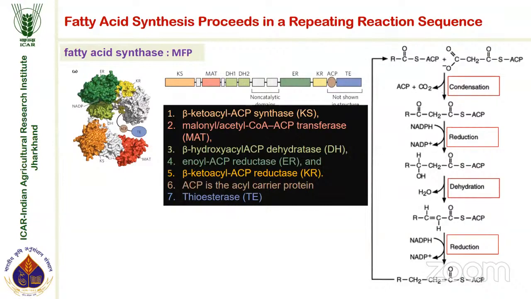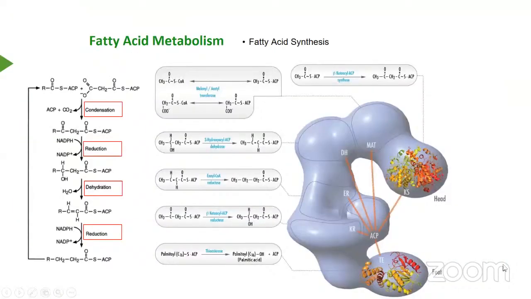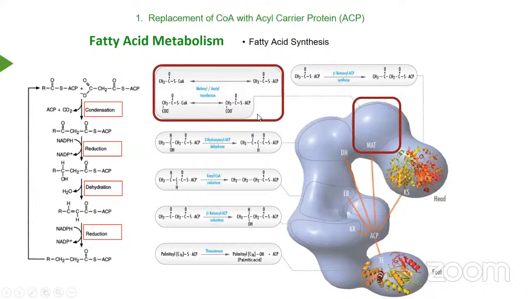That arm-like structure helps them to bind the substrate and transfer the substrate from one catalytic domain to the other catalytic domain, and the final one is the thioesterase, which will be releasing the finally synthesized product.